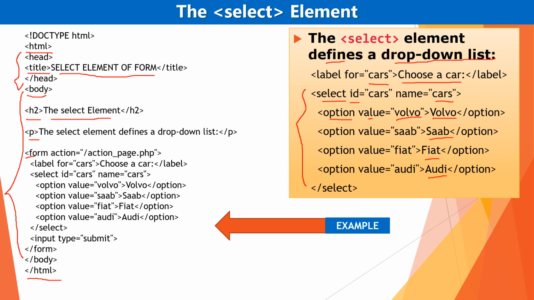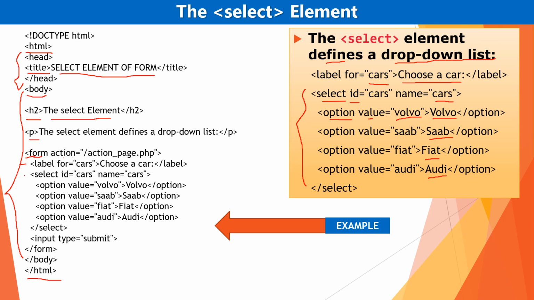The form tag is started, and action is the attribute of the form, so it will access the PHP file known as action underscore PHP. Whatever the PHP file might be, it will show the label and the select ID.